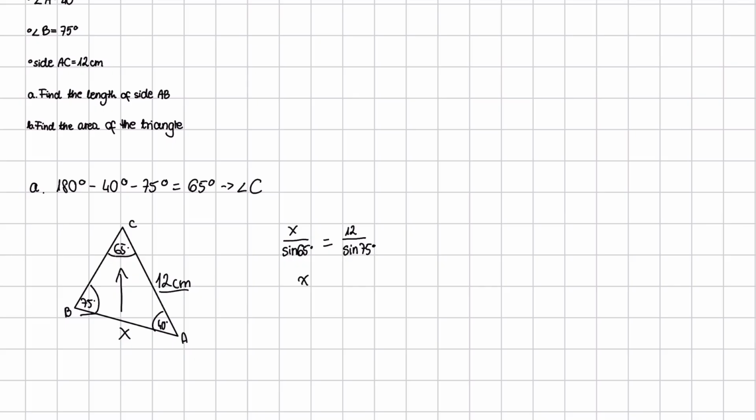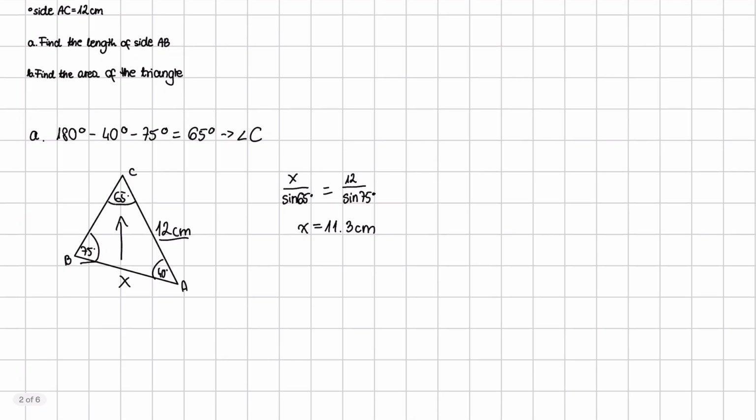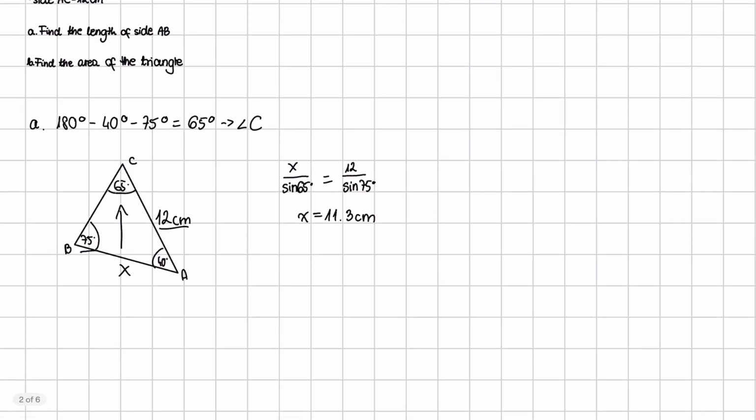So x is 11.3 centimeters, and B, find the area of the triangle.